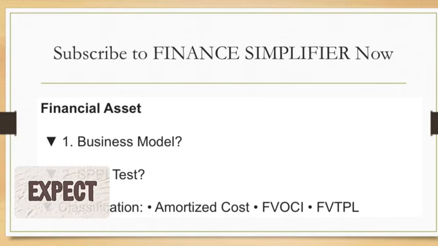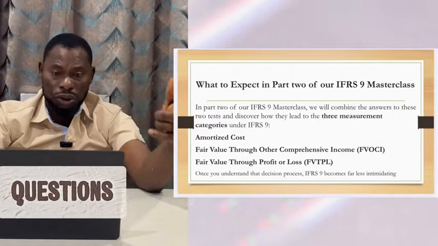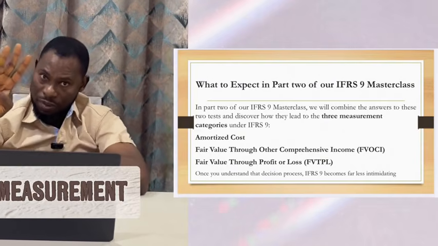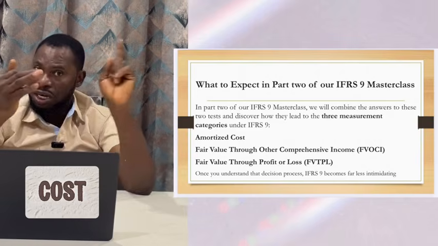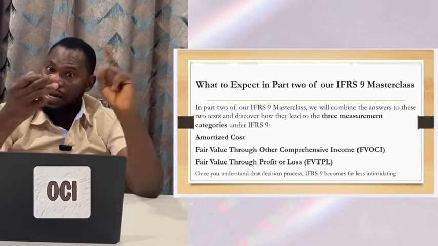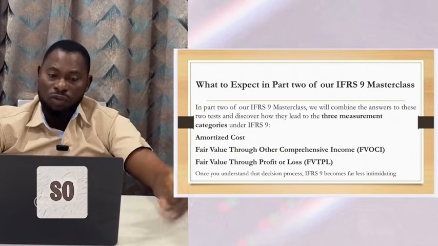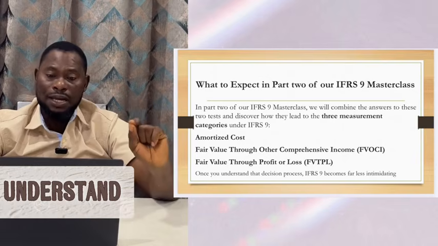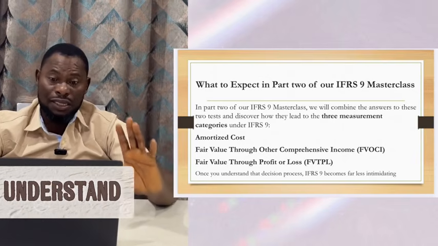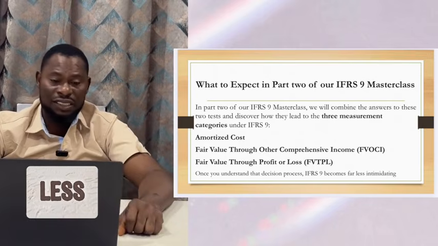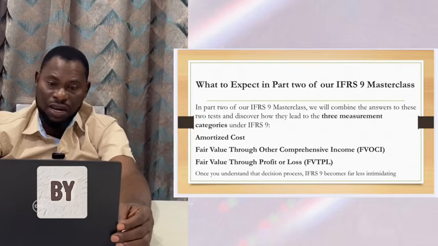In part 2, we're going to combine the answers to these two questions, and we're also going to discover how they lead to the three measurements: amortized cost, fair value through OCI, and fair value through profit or loss. Once you understand the decision process, IFRS 9 becomes far less intimidating. Don't be intimidated by IFRS 9.